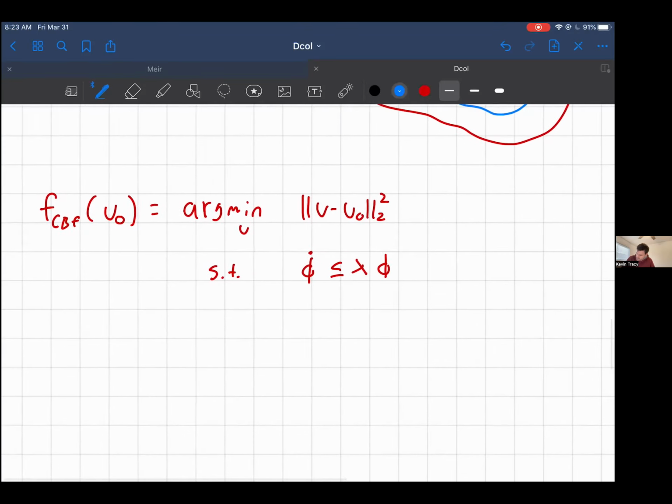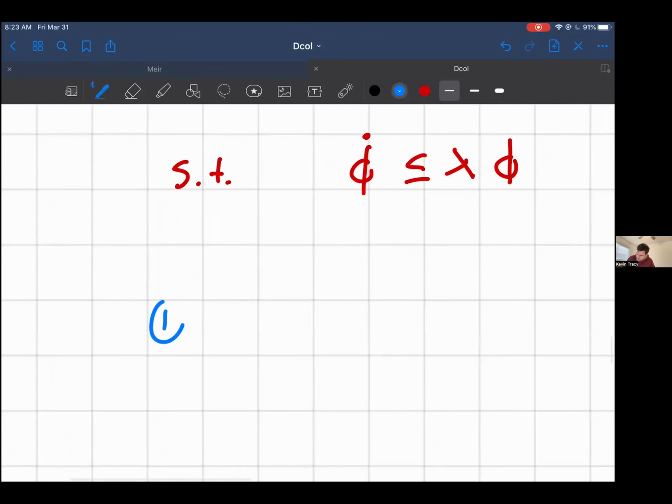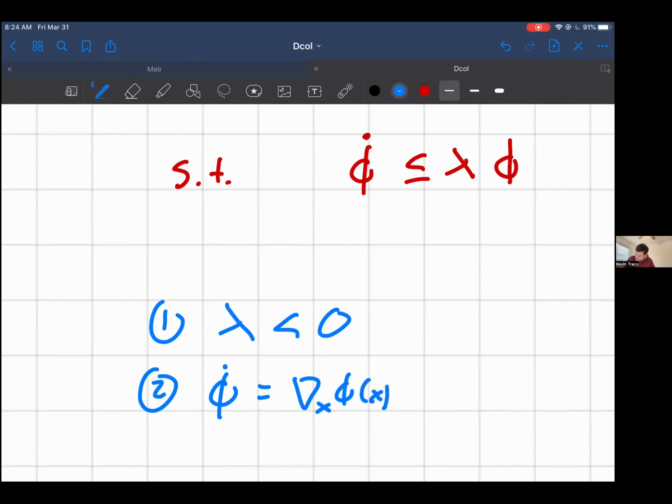A few notes on this. One is that lambda should be negative. And two, phi dot equals the gradient of phi with respect to x.